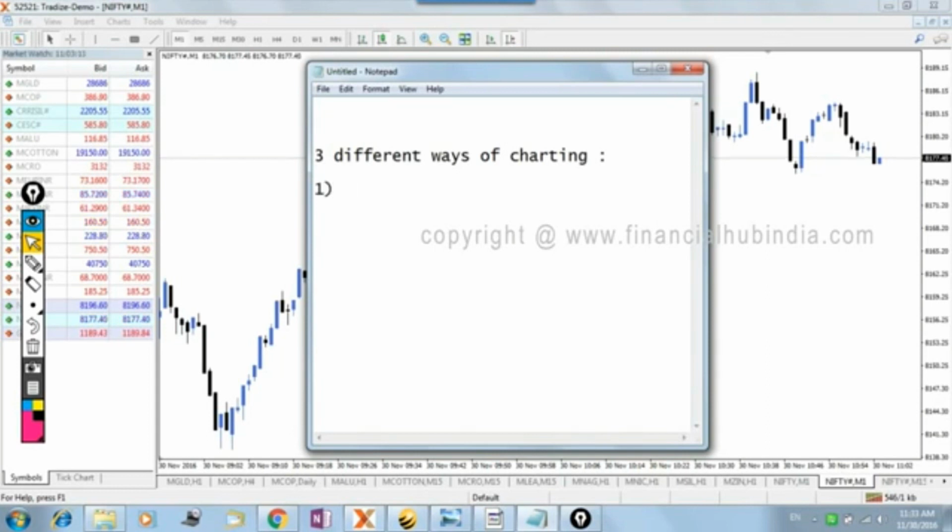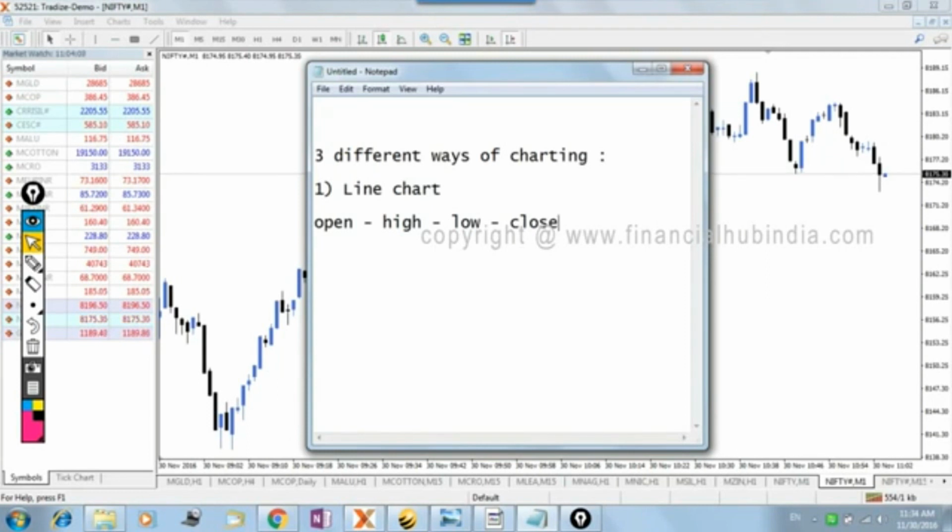First, you can create a line chart. So what is a line chart? A line chart is when you draw a chart based on the closing prices. Now, closing prices means what? For every stock, you will have these four data: open, high, low, close.